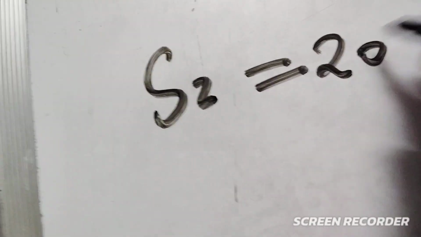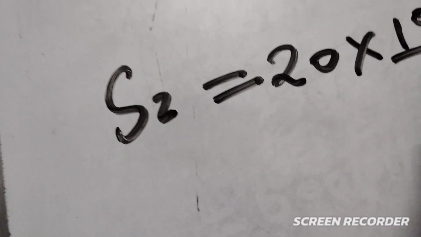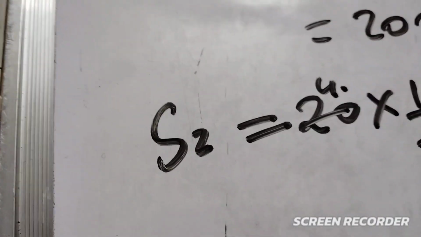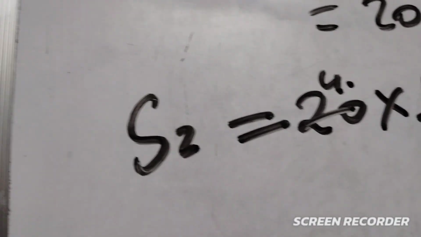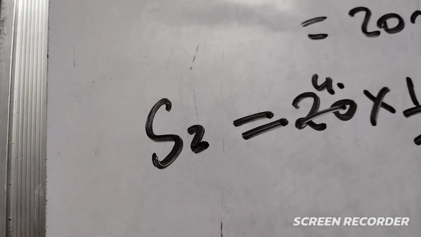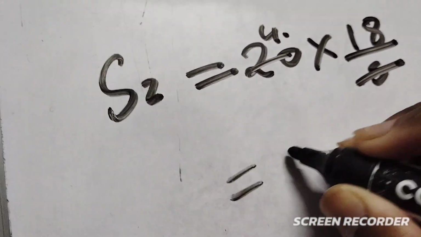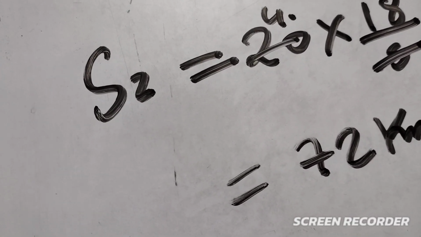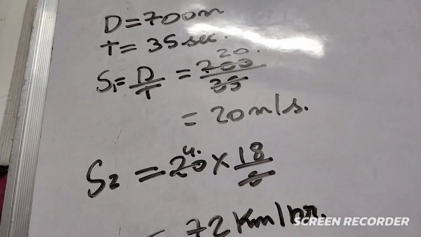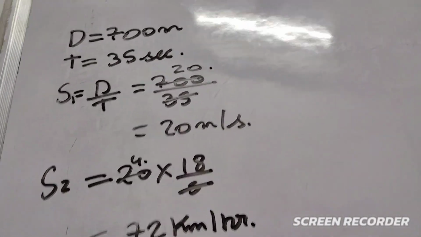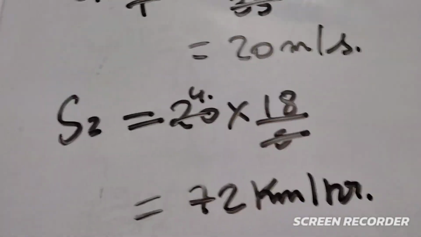So 20 into 18 upon 5, 5 fours are 20, 4 into 18 is 72, equals 72 kilometer per hour. And that's awesome. You can see we have done this question in a speedy way.